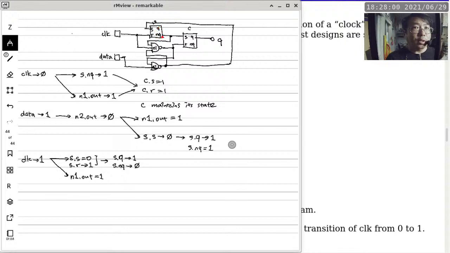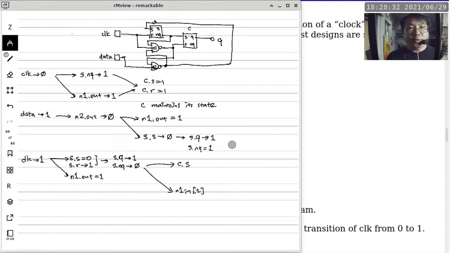So now we need to know where this NQ is going to. It's going to two components, and this is where the loop back thing is going to be a little bit interesting, because the output of NQ, this one here, is going to C.S. It is also going back to N1.in[1], which is basically the second input pin of N1.